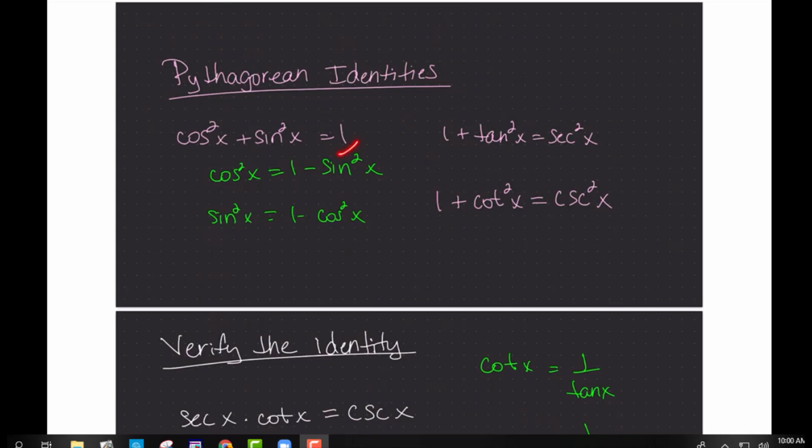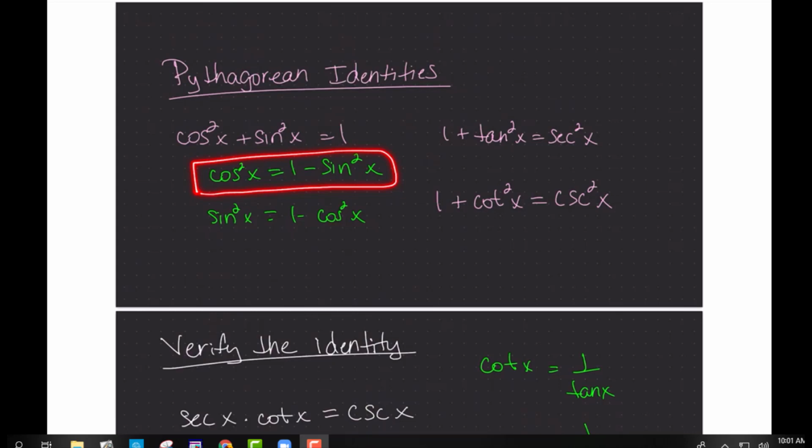Do I have a 1 anywhere? Do I have a cosine squared? Do I have a 1 minus sine squared? Do I get a 1 minus cosine squared? Cosine squared x equals 1 minus sine squared x? This one? Yeah, that one.